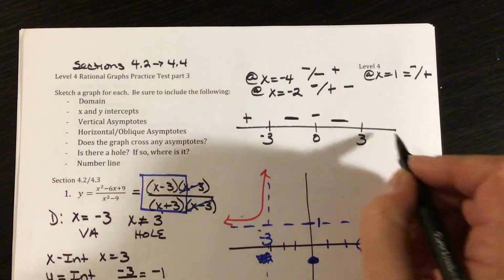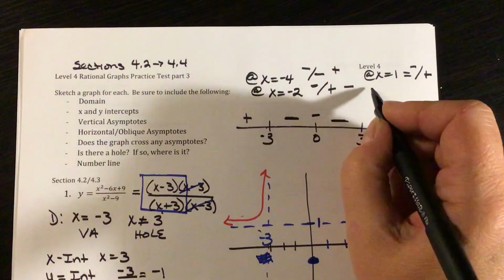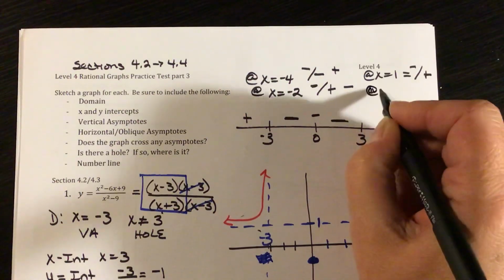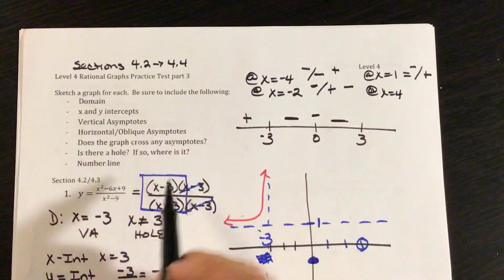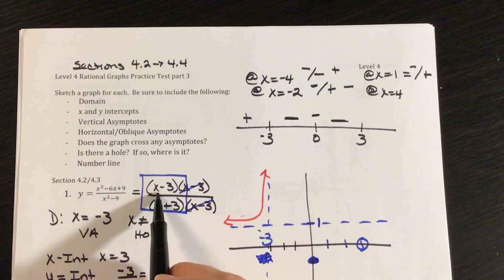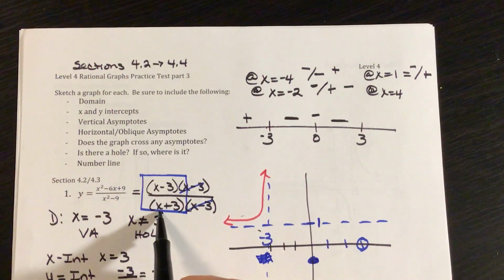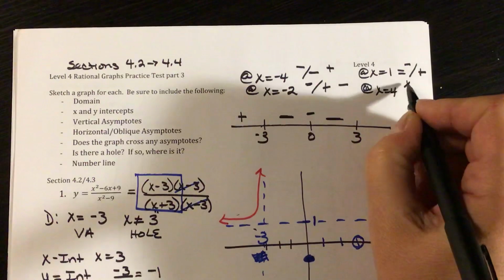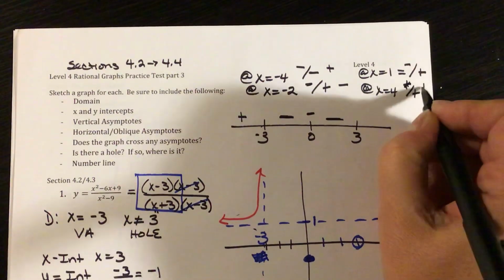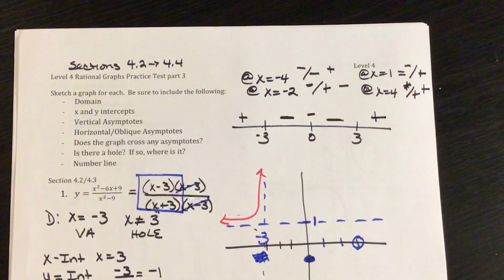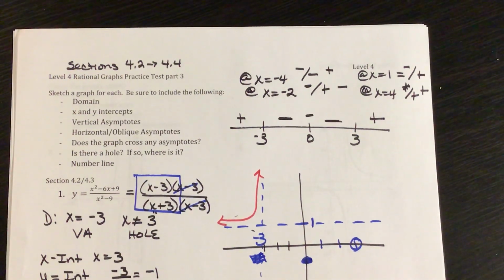And just checking out over here at x equals 4. 4 minus 3 is 1. That's positive over positive 7. So this is positive over positive is positive. So I know that I am going to have all negative values between negative 3 and positive 3.